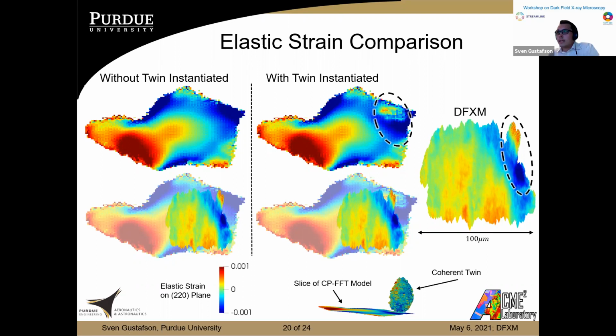They're all on the same scale bar, which was a nice match to see. That happened naturally without any movement of the arbitrary zero. We were able to see that the elastic strains were the same. And then here, of course, for your reference, is the location of the coherent twin relative to the crystal plasticity slice itself. Now that we have that spatial matching, we're able to link everything together.